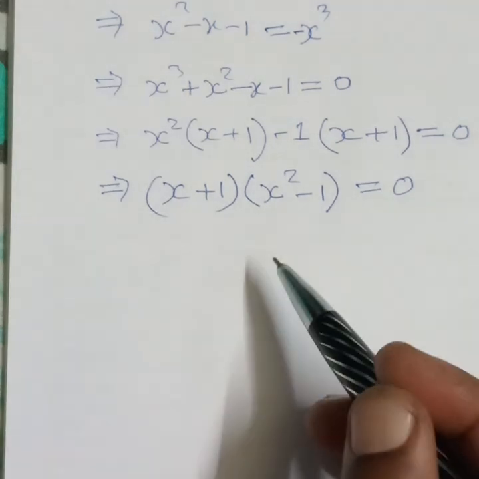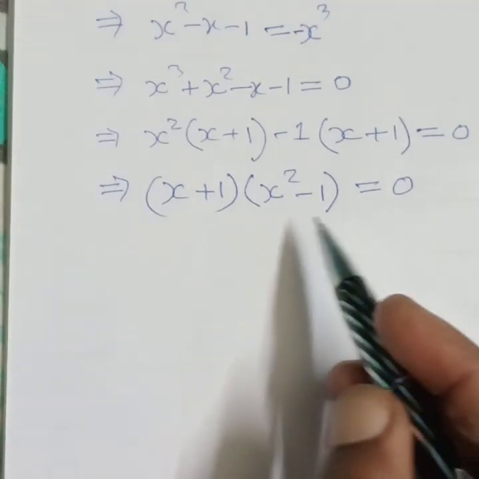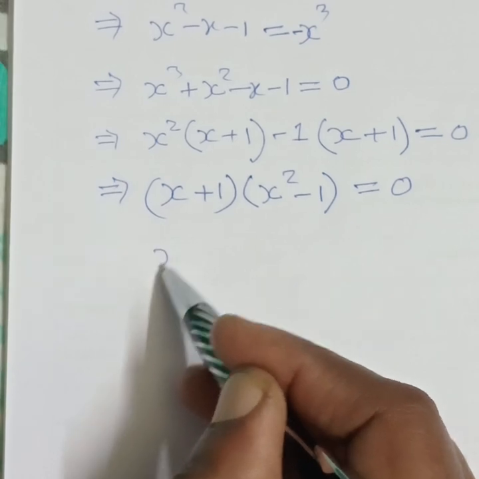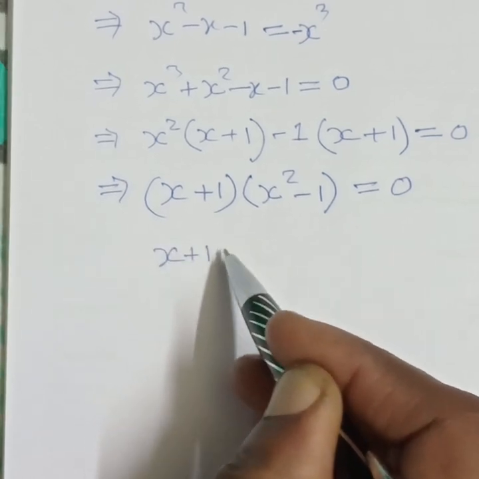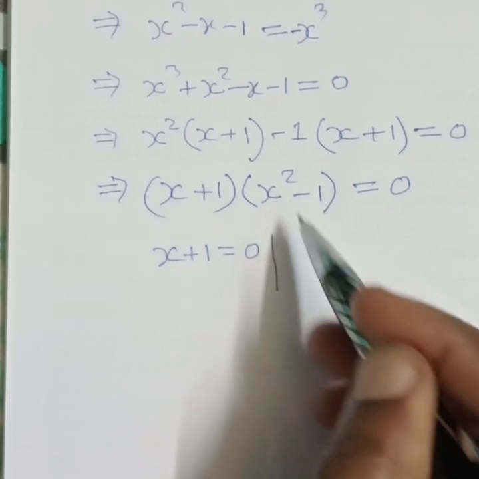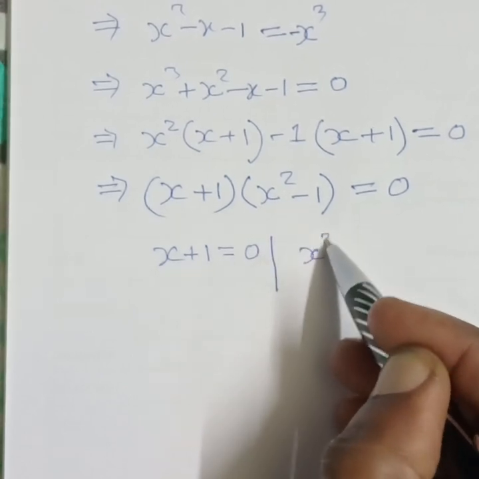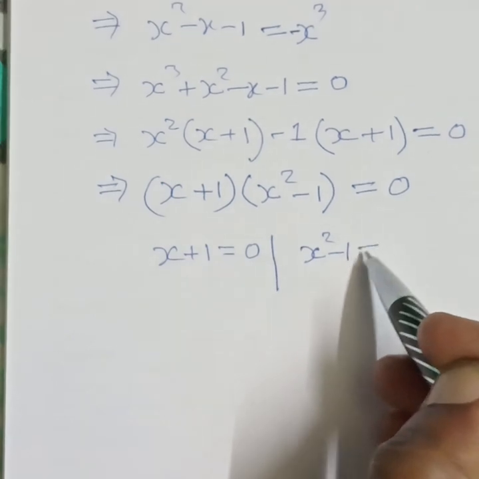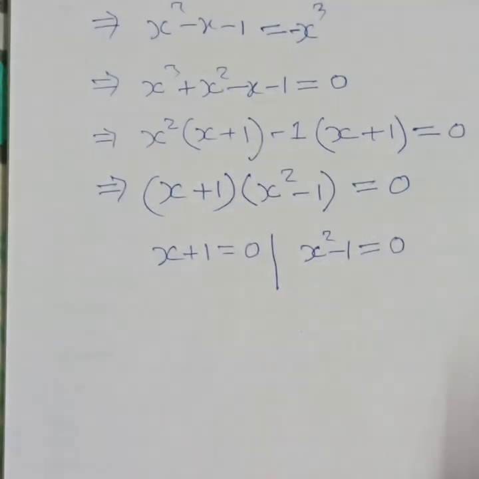Now according to the zero product rule, either x + 1 is equal to 0 or x² − 1 is equal to 0.